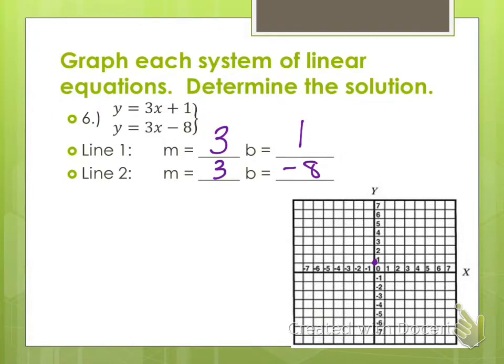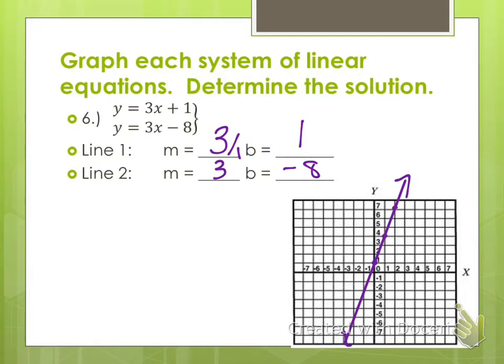We start up at 1 for line 1. We could put the 3 over 1 to get a rise and a run. So we rise 3, go over 1, rise 3, go over 1. Okay, we can put a line in through those points. It's not a great line. That one's a little bit better.